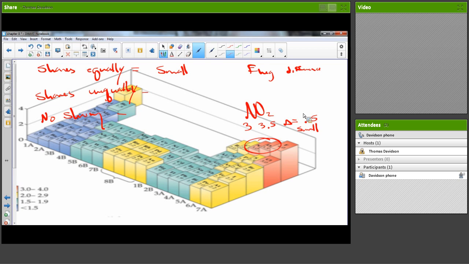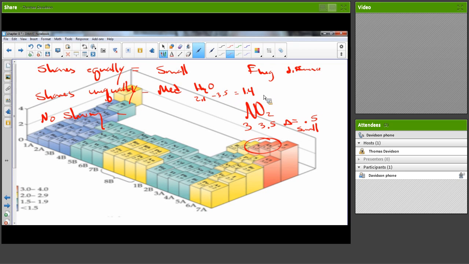You with me? All right, now, sharing unequally, like H2O, is going to have a medium difference in electronegativity. H is 2.1, O is 3.5. The difference between those is 1.4. Now, you would think it's a negative, but we're just finding the difference. There's never a negative value for a difference.